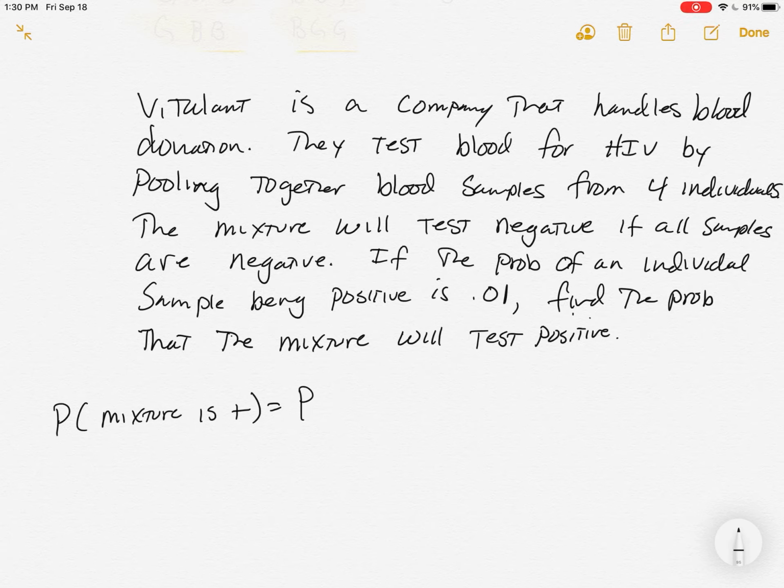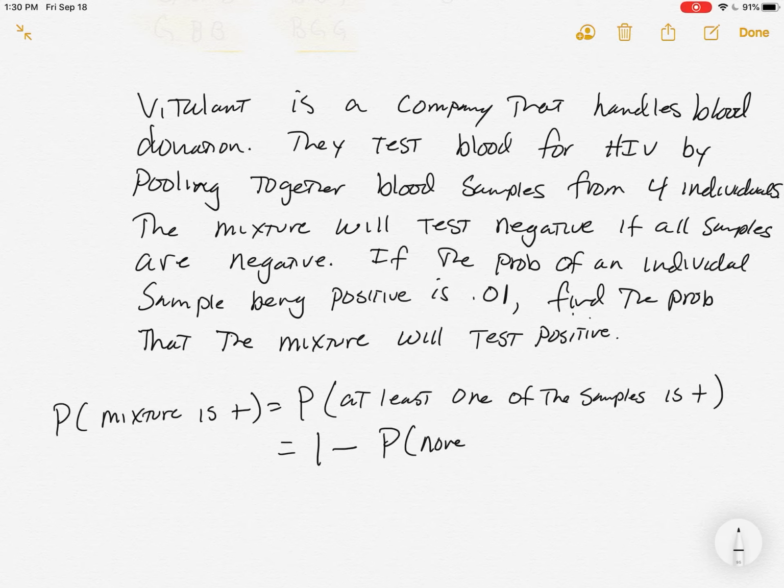So really, they want us to find the probability that at least one of the samples, one of the four samples, is positive. That's how it's going to test positive, if at least one of them is positive. Well, we know how to handle at least ones. 1 minus the probability of none being positive. So none of the four being positive, meaning that they're all negative.